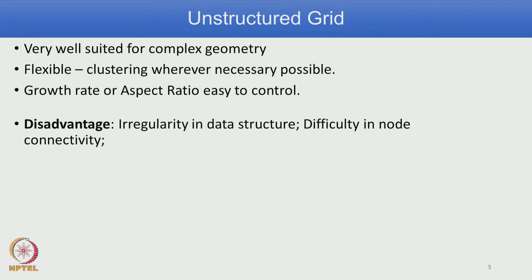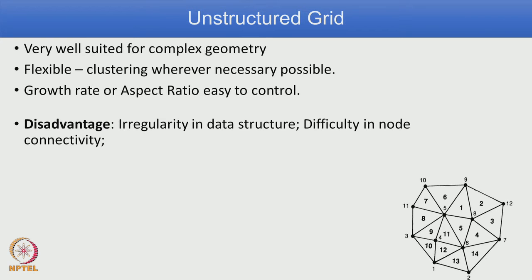But then you observe that it is uncomfortable to define exactly the node connectivity. For example, if I zoom into one area with such a mesh arrangement, you can see the numbers 1, 2, 3, 4; they are all elements, and for each element there are nodes defined.